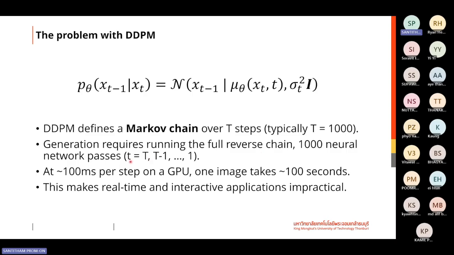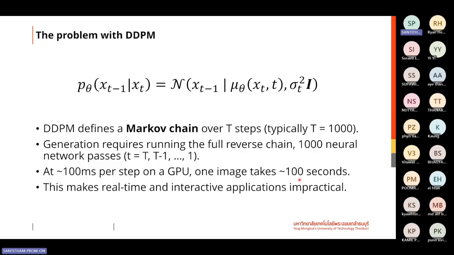If you have t equal 1,000, then it has to pass through the unit 1,000 times. Suppose that one iteration requires 100 milliseconds for passing through the unit. That means 100 seconds, times 1,000.